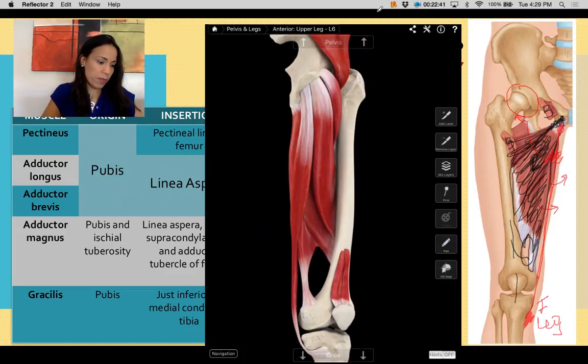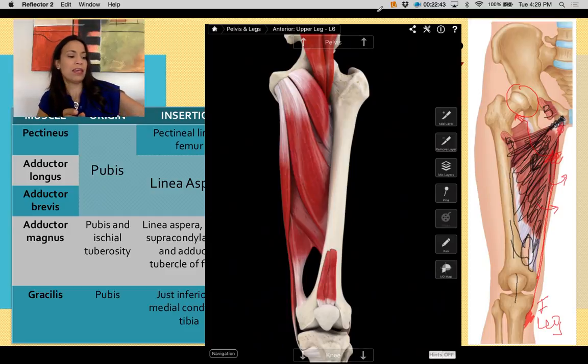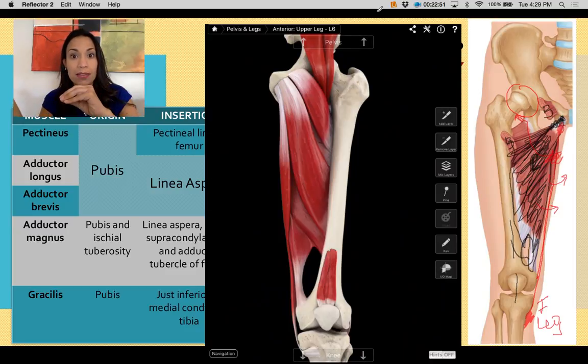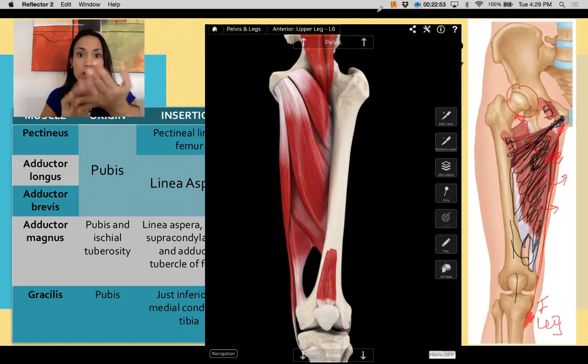All of them, remember, are innervated by the obturator nerve. To the adductor magnus, we're going to add the sciatic nerve. And the pectineus can be either femoral or obturator.